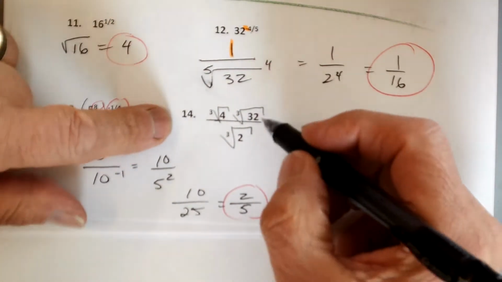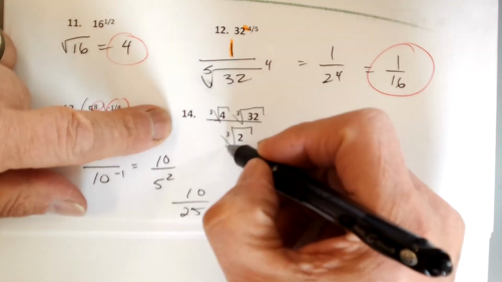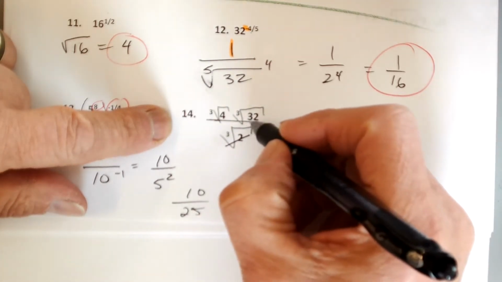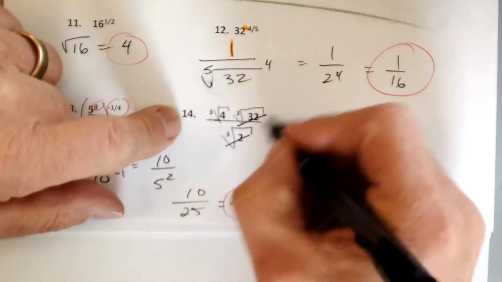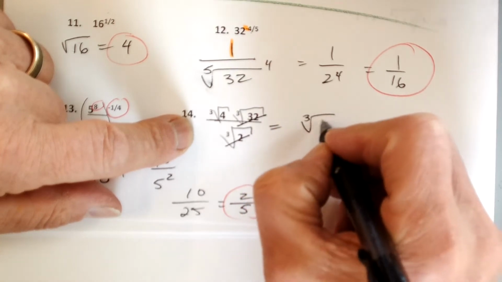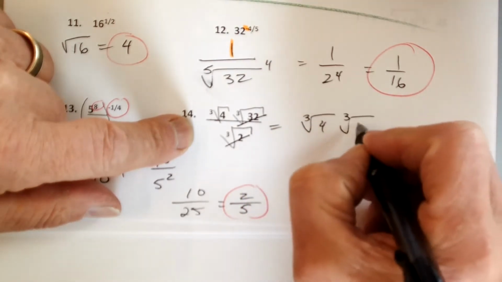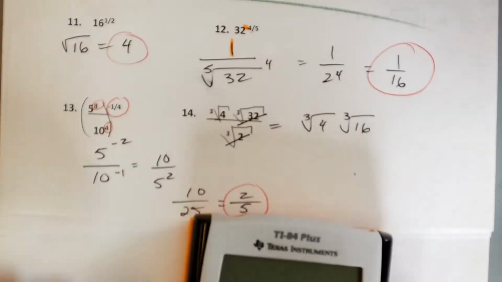Number 14. So these are both cube roots. So let's just go, 2 goes into 32 16 times, right? I'm going to reduce that. So let me rewrite this as the cube root of 4 times the cube root of 16. Okay, now, what is 4 times 16? I don't know. 4 times 16 is probably 64.